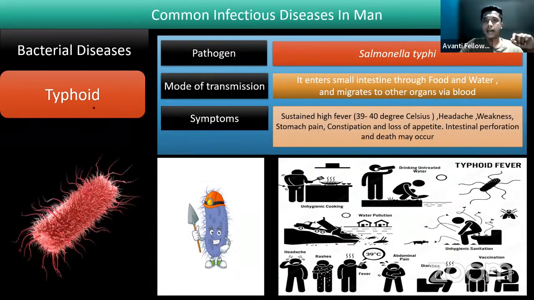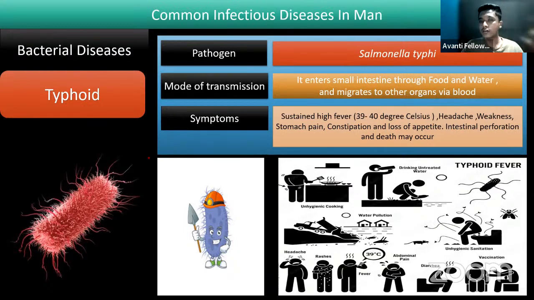Typhoid is caused by a bacterium called Salmonella typhi, and this is how it looks. How does it spread? The mode of transmission is through food and water. That is why most of our elders tell us not to eat from outside and to avoid outside food.